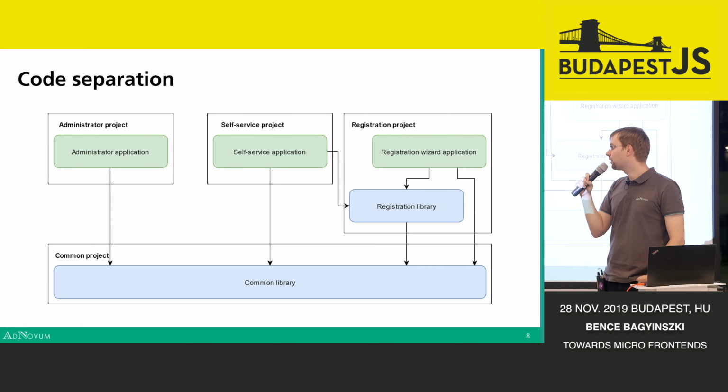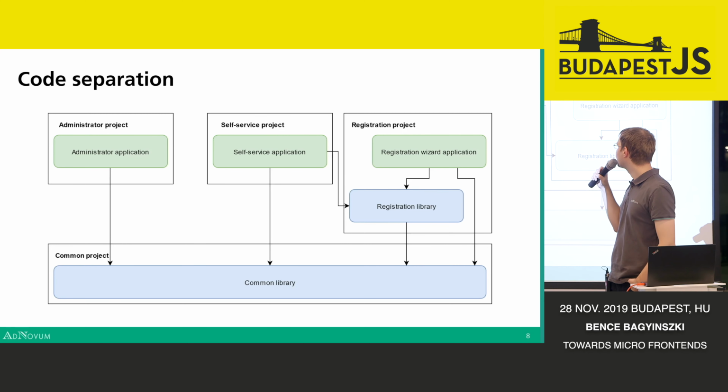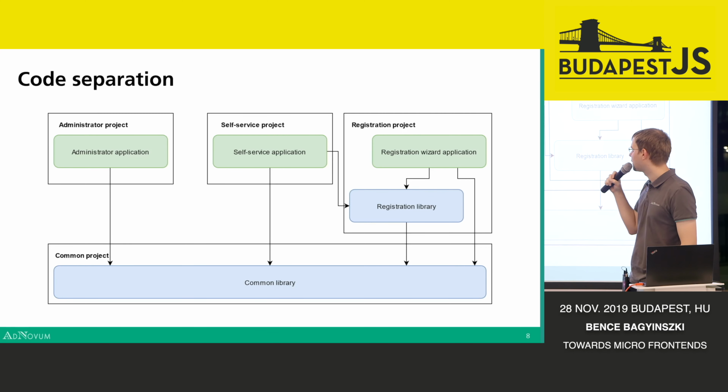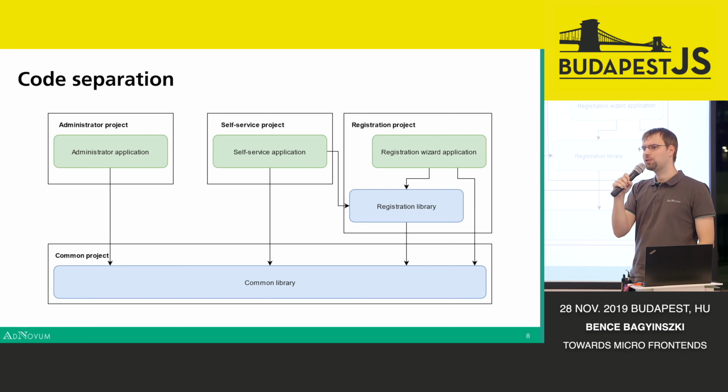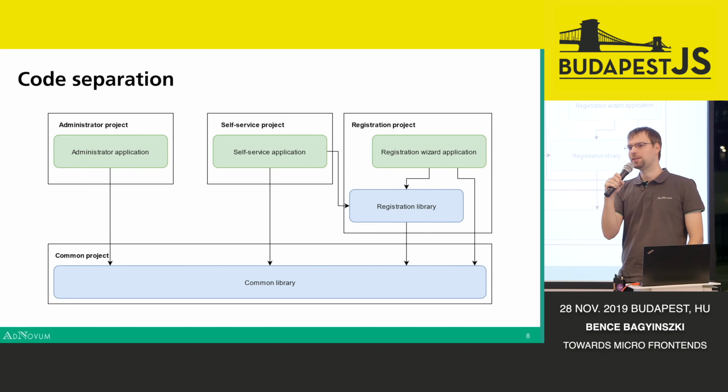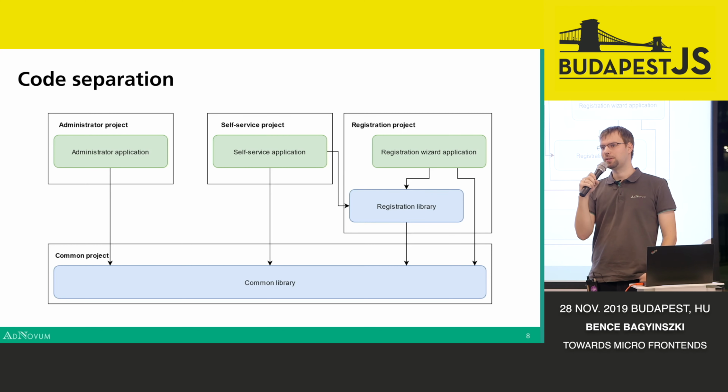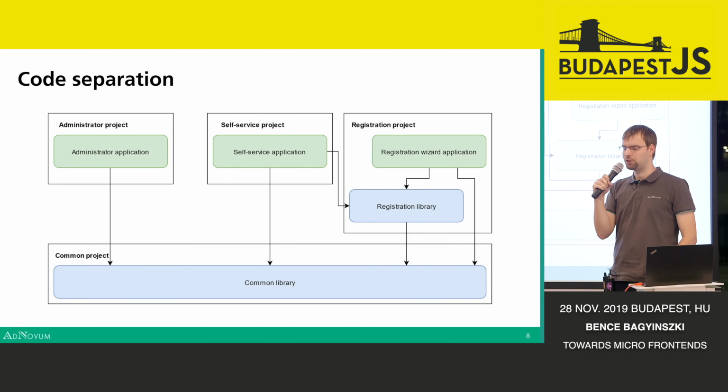The reason that this is used by both of them is that we had screens which are available during the registration, but the exactly same screens are used as part of the self-administration.